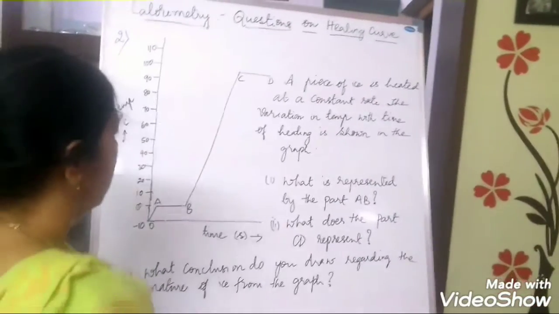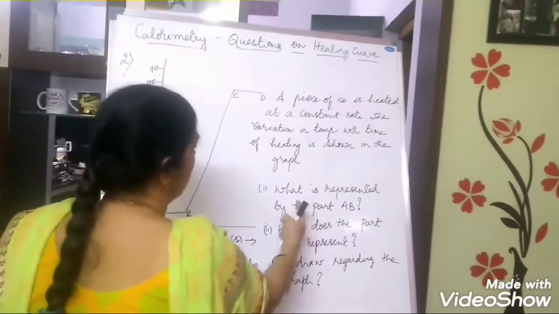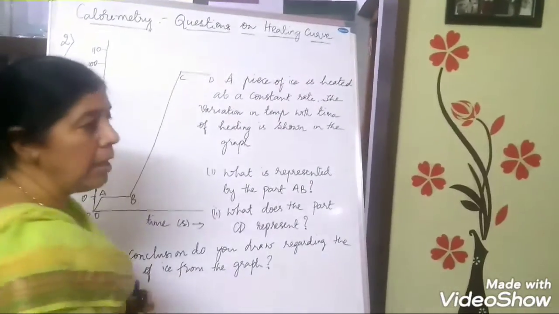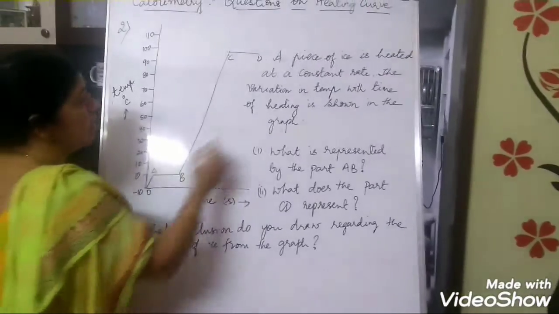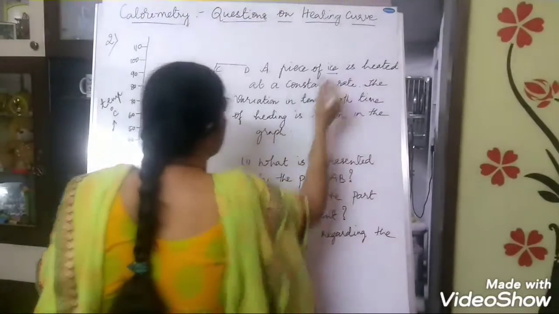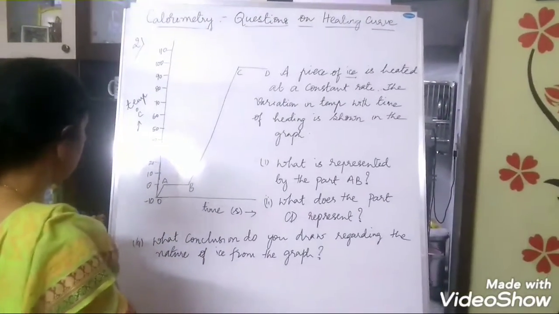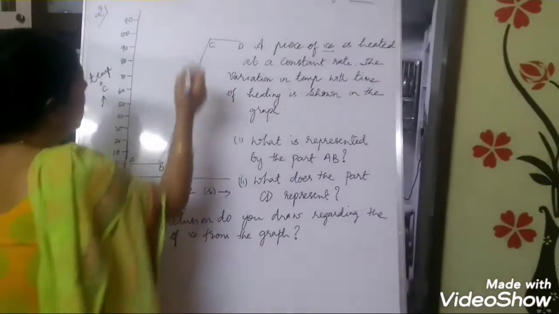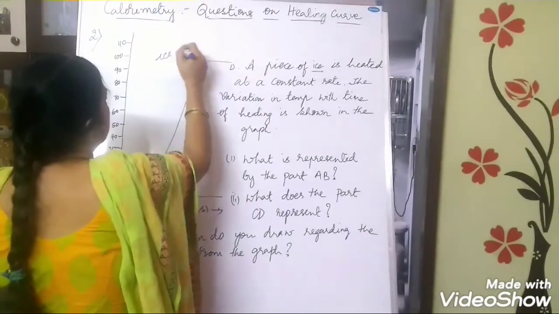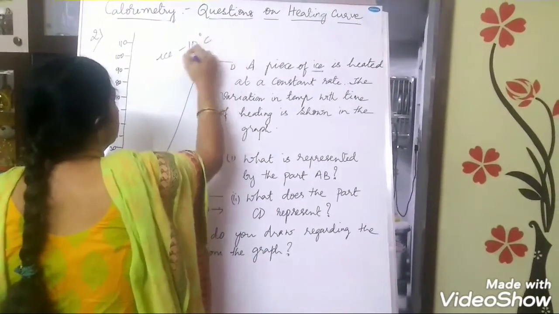So now, which are the questions here? What is represented by the part AB? Now, the substance taken here is ice. So, remember, ice is at minus 10 degrees Celsius.